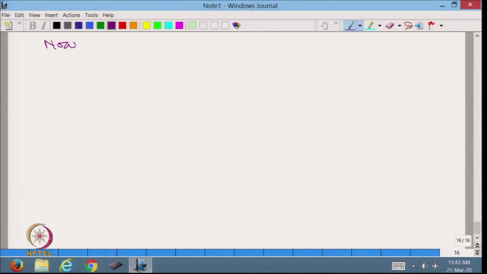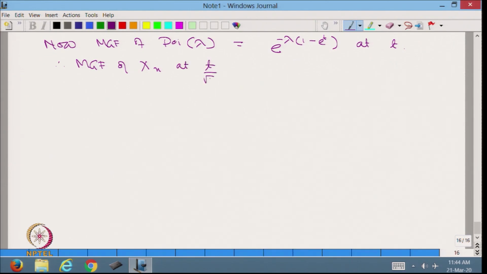Now, MGF of a Poisson random variable with parameter lambda is equal to e to the power minus lambda into (1 minus e to the power t) at t. Therefore, MGF of xn at t over root n is equal to e to the power minus n into (1 minus e to the power t by root n).